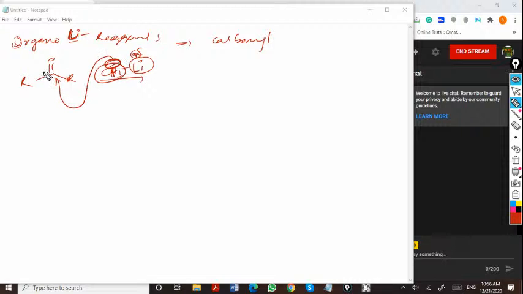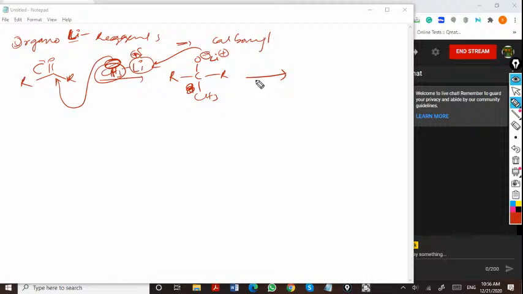It will attack on the carbonyl, resulting in C–O minus and the methyl group here. When this is formed, lithium will stabilize it. In the earlier case also, the O minus can be stabilized with magnesium bromide. Here lithium can stabilize.